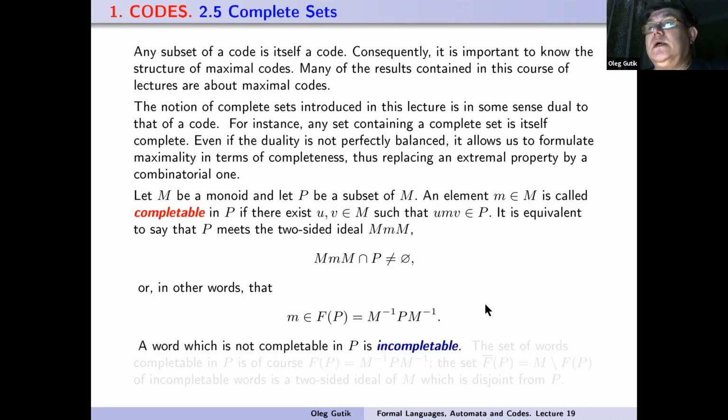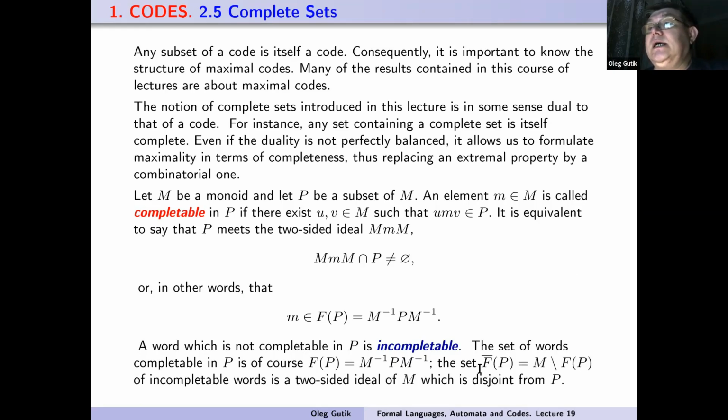A word which is not completable in P is incompletable. The set of words completable in P is, of course, F(P), which consists of such elements M inverse P M inverse.